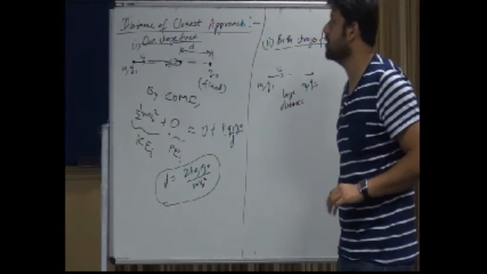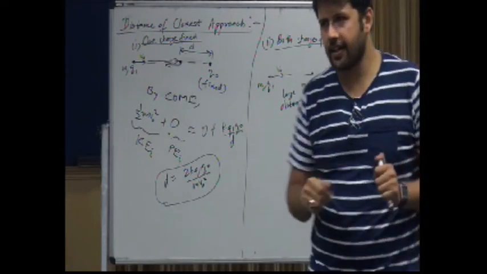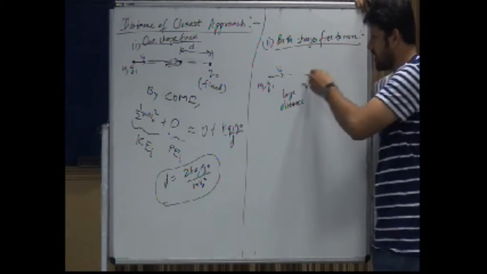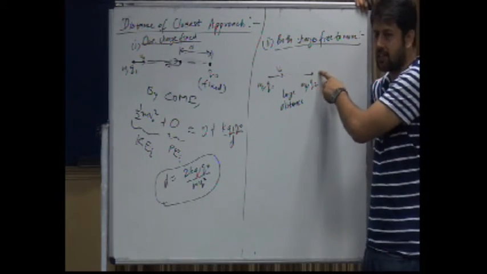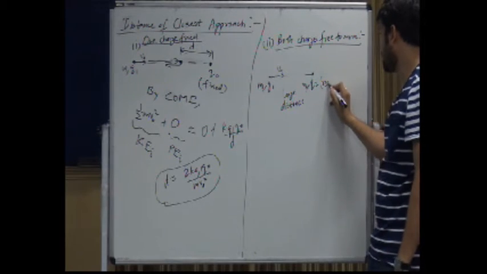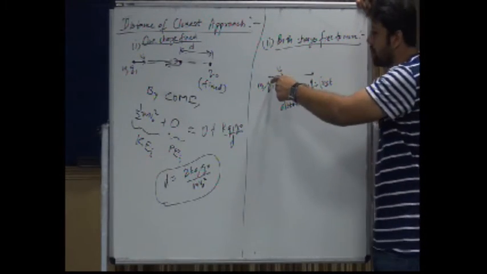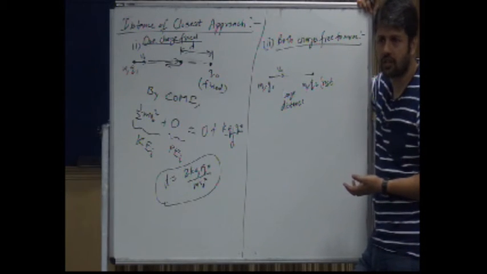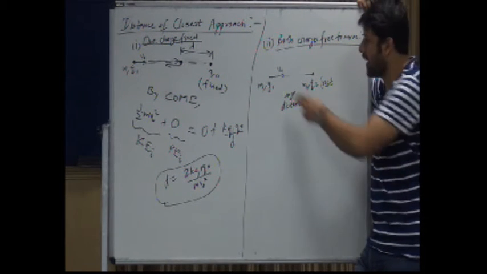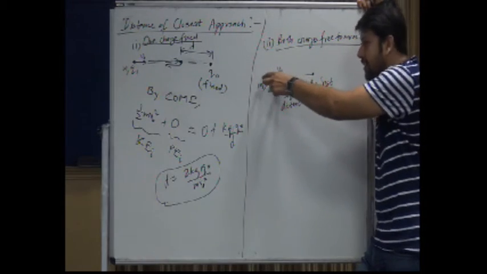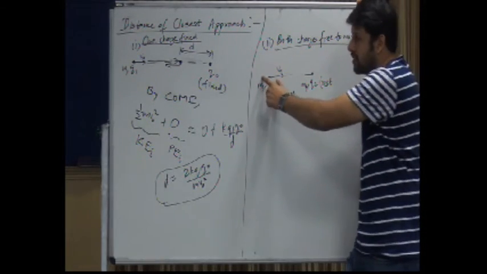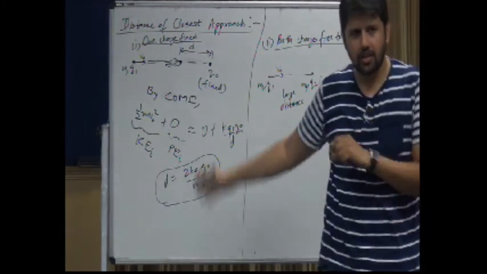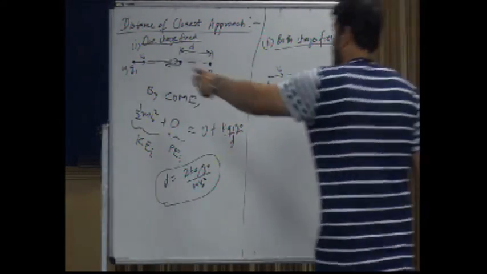Now, the point here is, as the moving charge approaches the charge at rest, as Q1 approaches Q2, because of repulsion, Q2 would also start moving. And as it comes closer, it starts slowing down because of repulsion. The charge Q1 was slowing down here also.